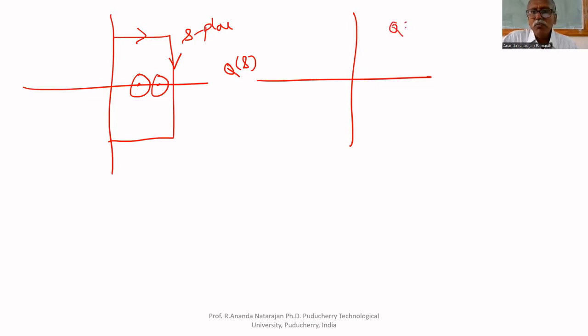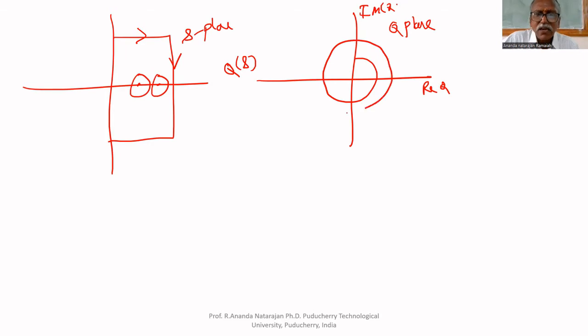This plane is the Q plane, this is the real part of Q, and this is the imaginary part of Q. It will encircle the origin in the clockwise direction, twice, because two zeros are inside.